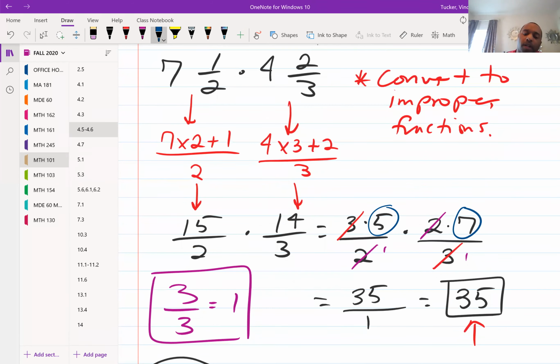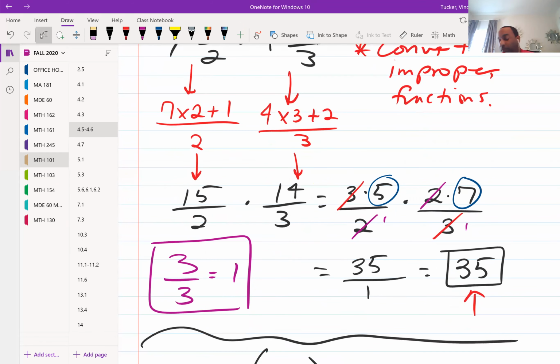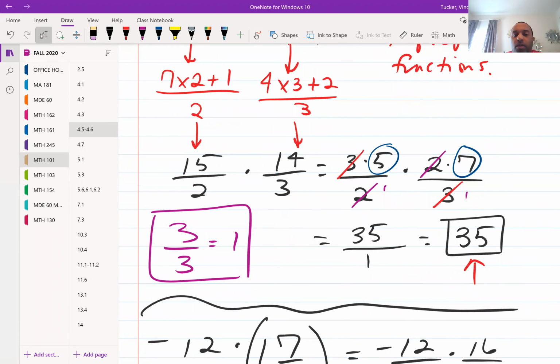And your most simplified answer would just be 35. All right, any questions?